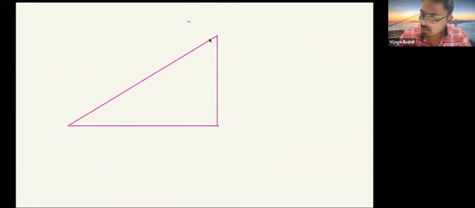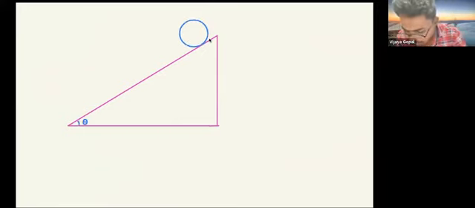Just release, so initial velocity 0. Let's say inclination theta. Then they're asking about acceleration and friction mu. So actually initially, what will happen?